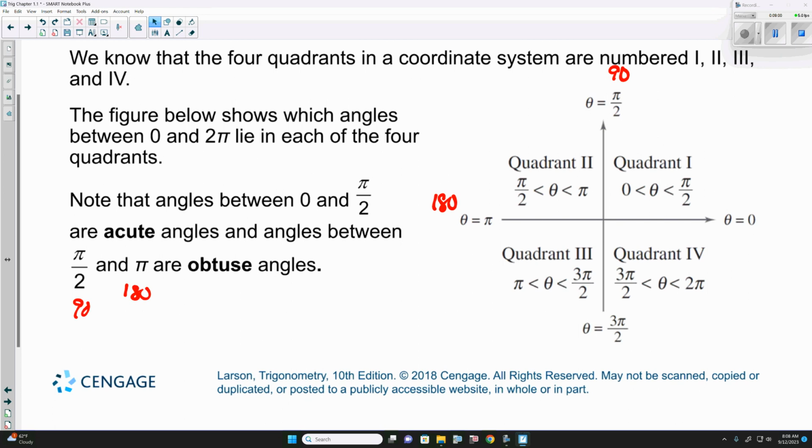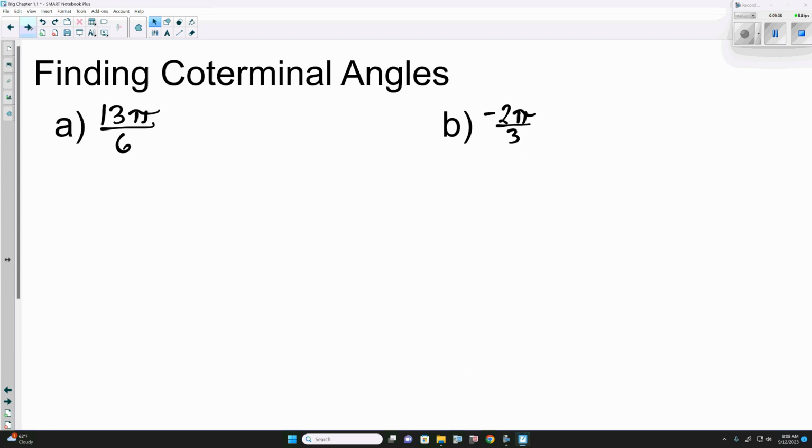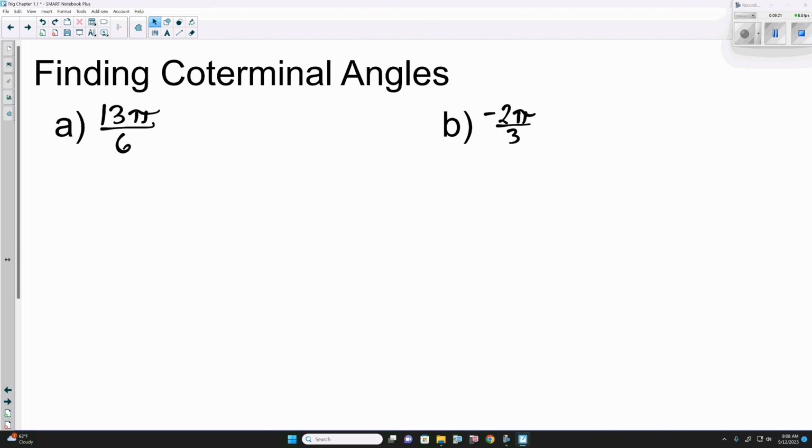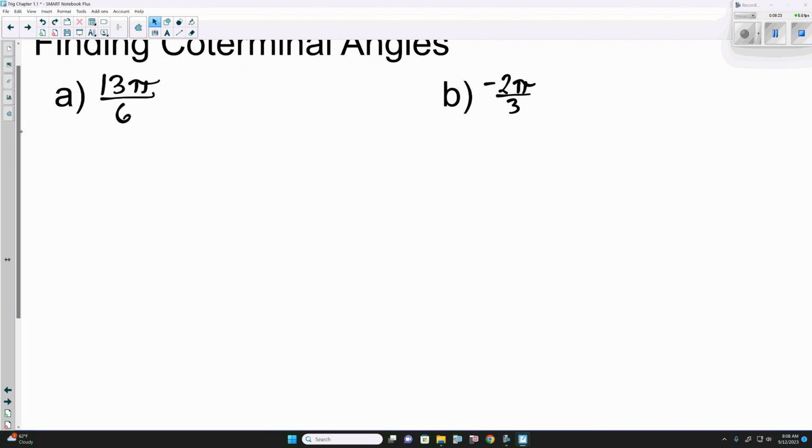And then I'll go on and fill this in because this is going to be 270 and over here is 360. Now, if we want to find the coterminal angles, we're just wanting to get back to it. Find different angles that work together to get to the same thing. Because on the quadrant plane, we can look at that there, or we can look at it in terms of this here.